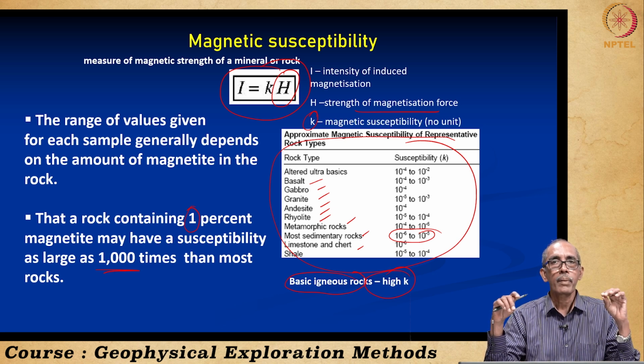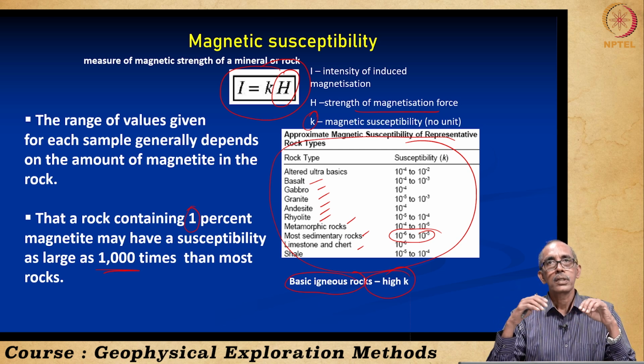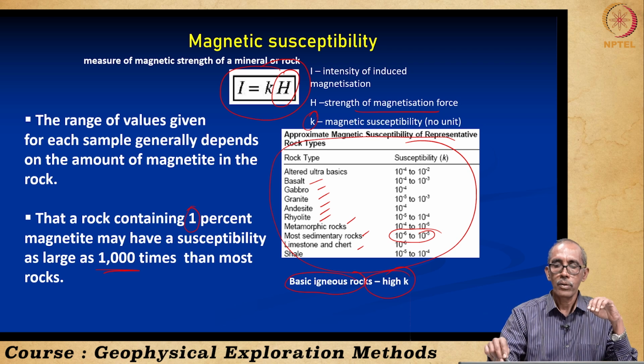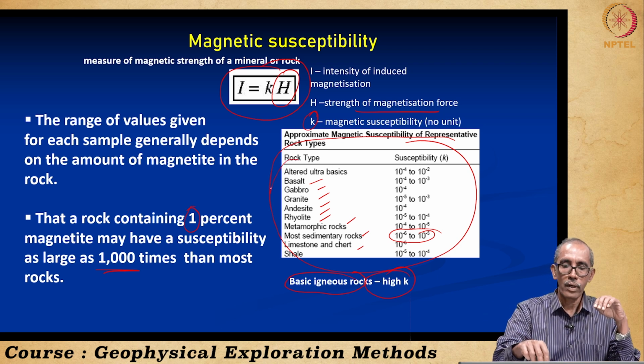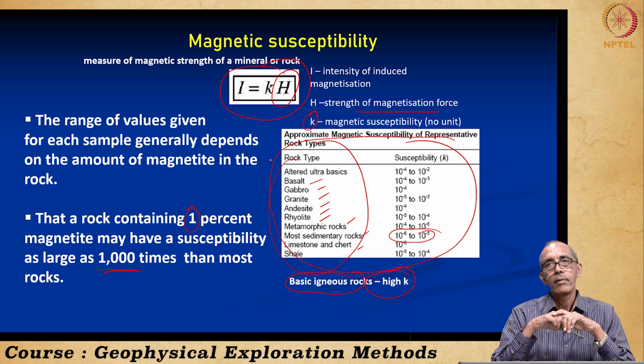These 3 elements are magnetically susceptible, so their composition in the earth will affect the value we measure at the surface. Then we looked into magnetic susceptibility, which can be estimated using this equation. This table gives how the magnetic susceptibility of different geological materials varies. We will continue with the applications and other aspects of magnetic methods in the next lecture. Thank you very much.